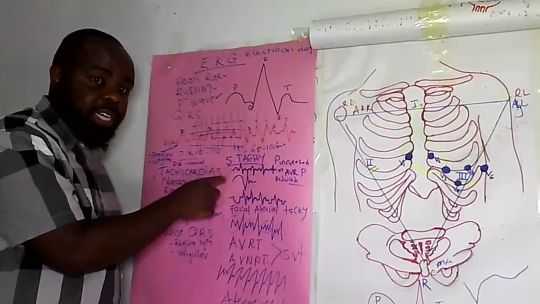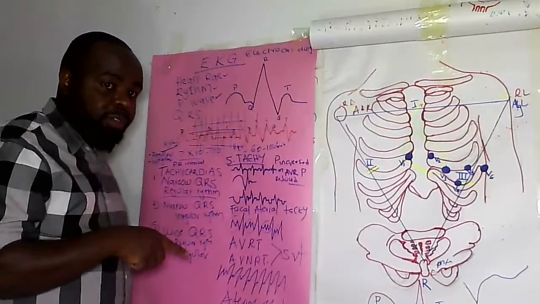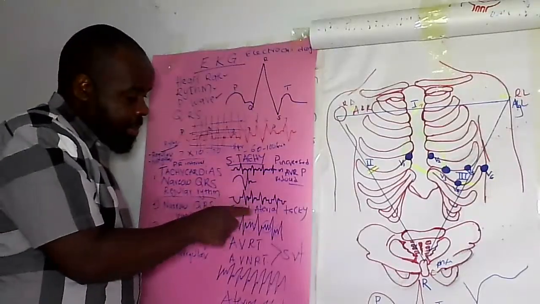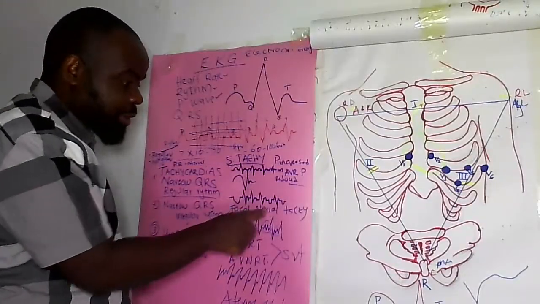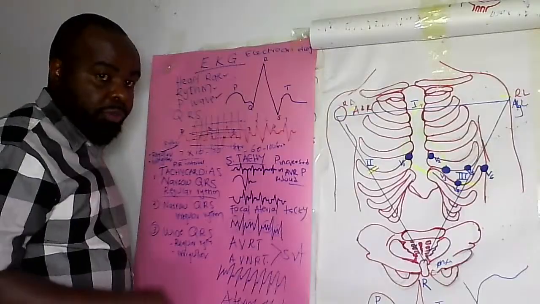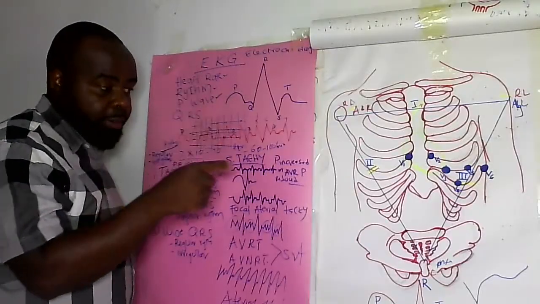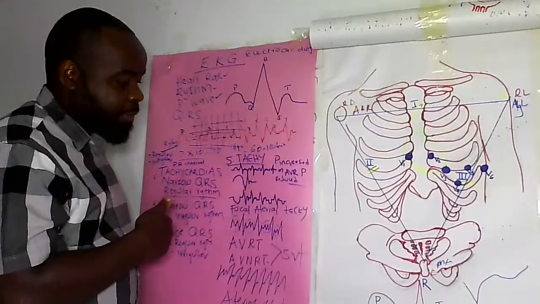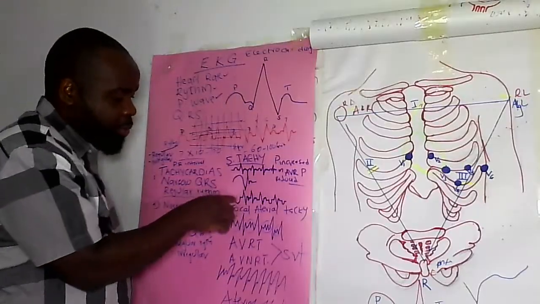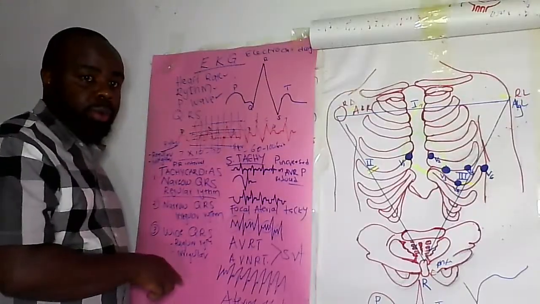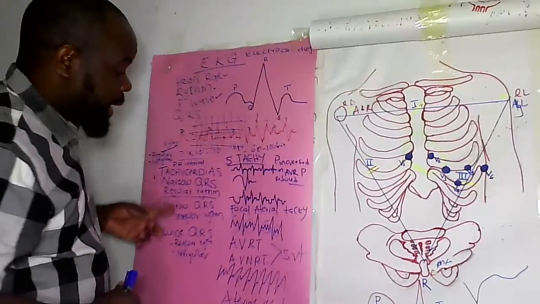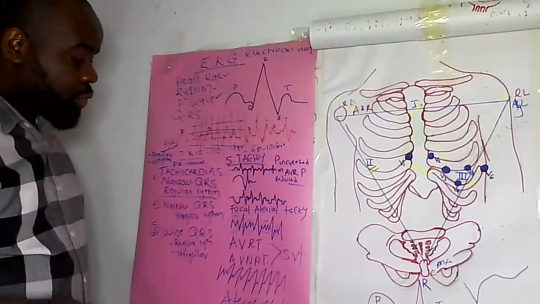We have checked it, and we have seen the P wave is normal. But in focal atrial tachycardia, because of the focal point and deflection of lead 2 in the negative way, we see the P wave is going down. You get? So this is how we use an EKG to diagnose.